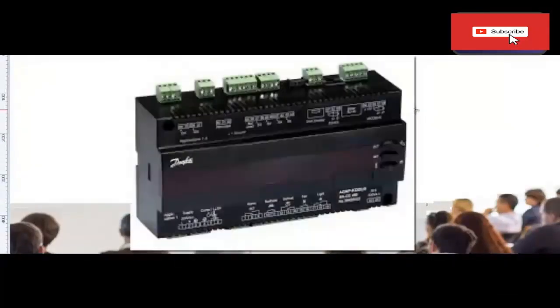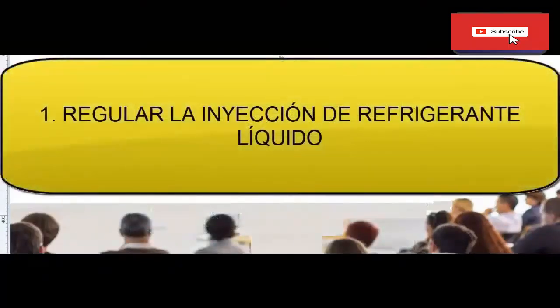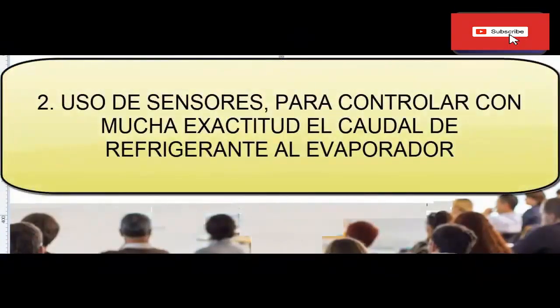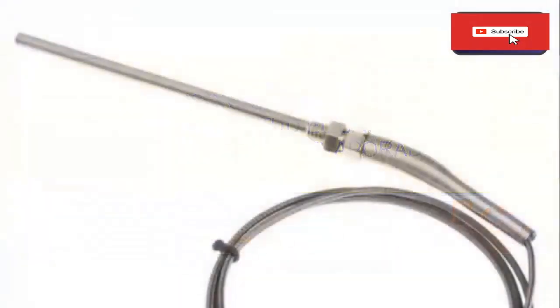1. The main function of the electronic evaporator controller is to regulate the injection of liquid refrigerant into the evaporator. 2. The supplied liquid refrigerant is controlled by a signal from temperature sensors or with a pressure transmitter. 3.